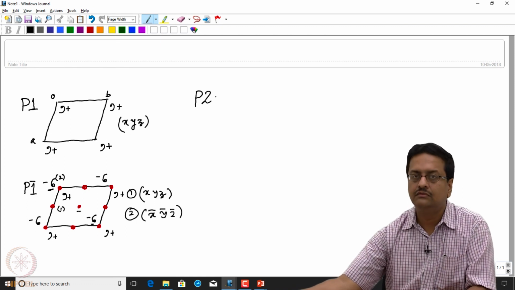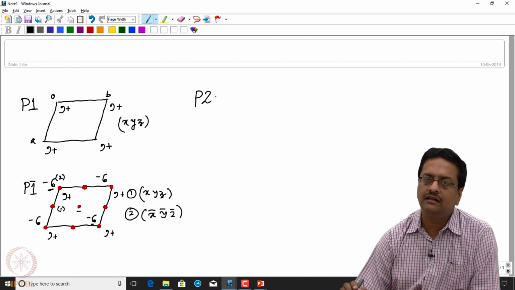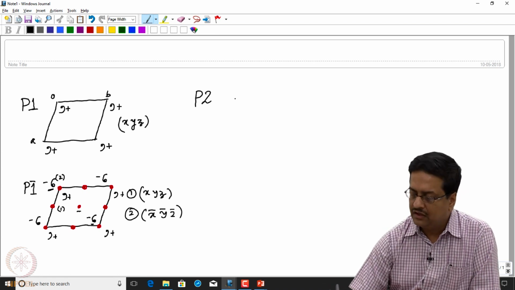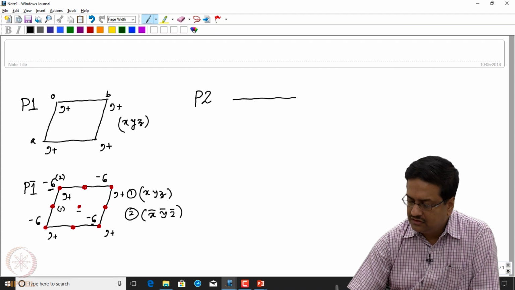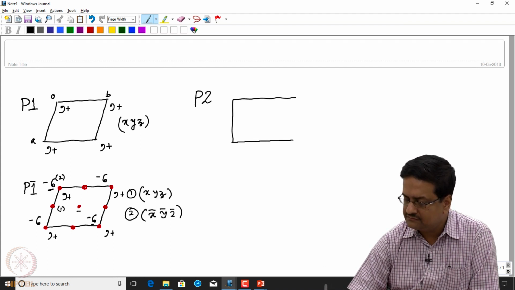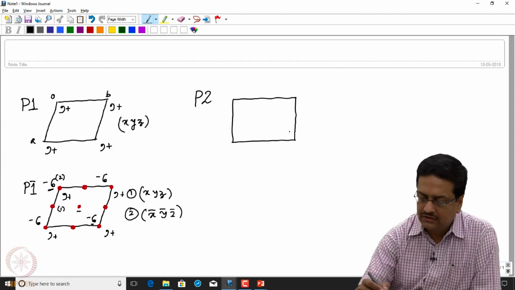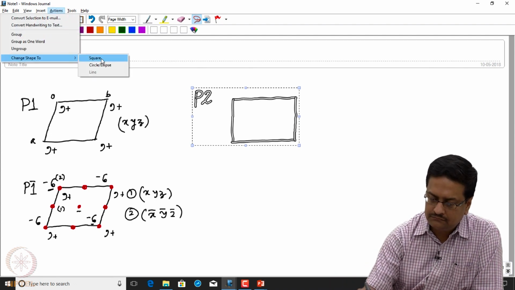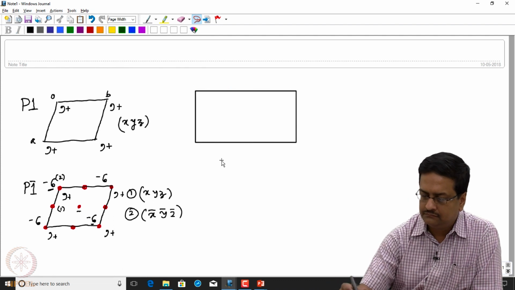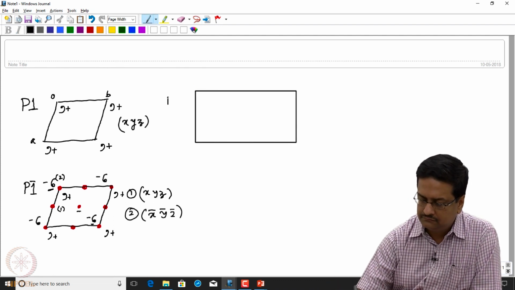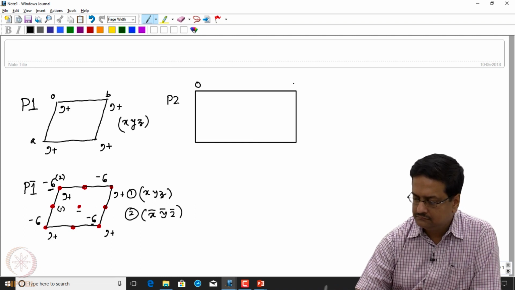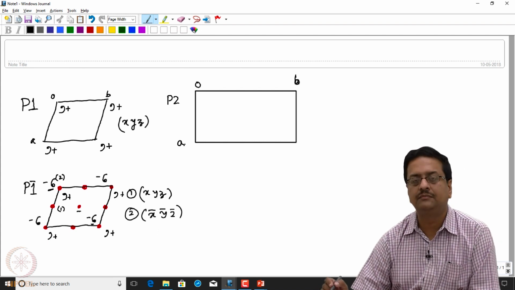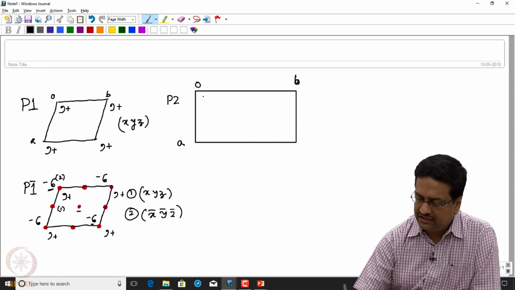In case of P2, it is primitive and it has a twofold axis of rotation, and I am now drawing the AB face as the plane of projection, and I am taking my object inside the unit cell as plus.